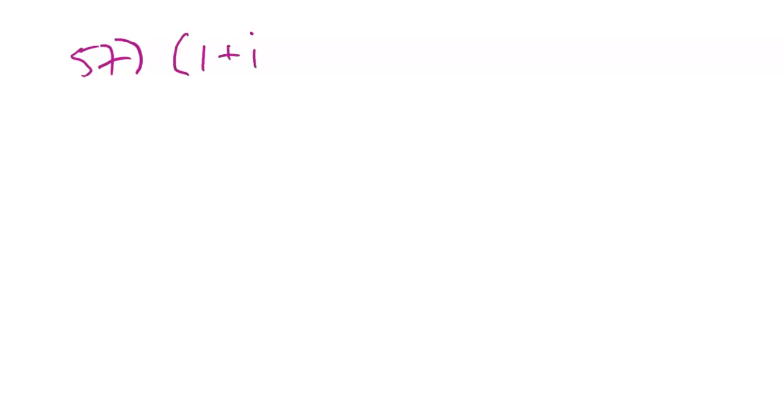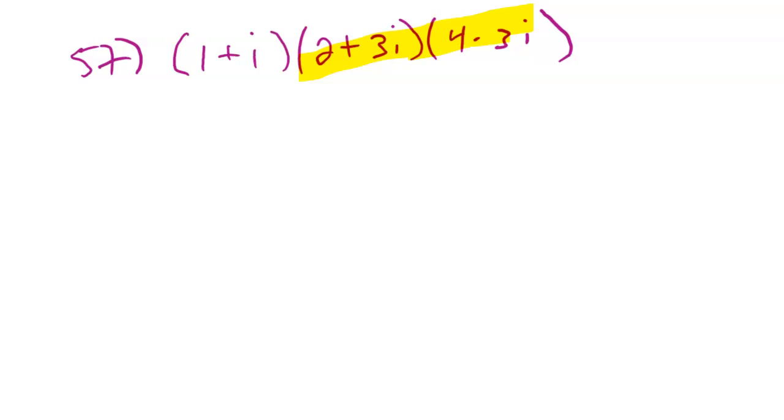1 plus i times 2 plus 3i times 4 minus 3i. Remember when we multiply, we have to multiply two things at once first. And then that result we're going to multiply by the third. So I'm going to carry this 1 plus i along for the ride. And then we got, first times first, which is 8.